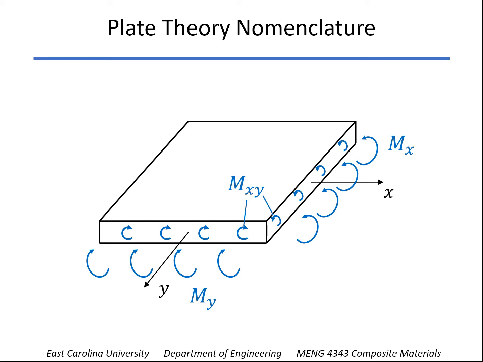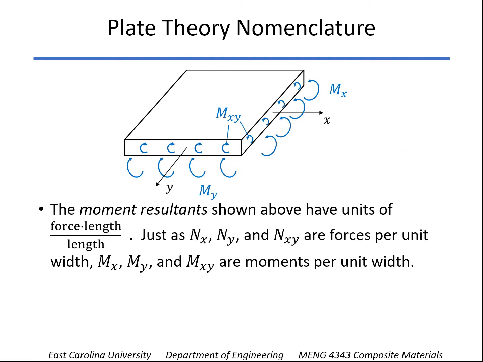Now, these are moments per unit width, just like Nx was a force per unit width. So the units of these are going to be force times length divided by length. For example, in the unit system we're going to use exclusively, it's going to be inch-pounds per inch. So a moment in inch-pounds per unit width in inches.